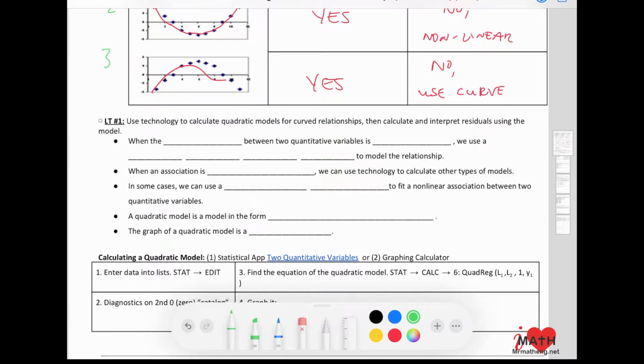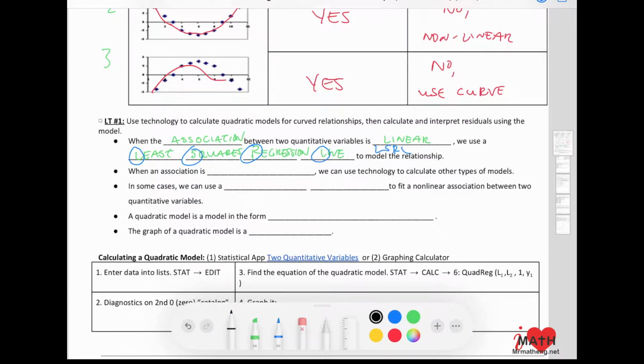When the association between the 2 variables is linear, back then we used a least squares regression line, LSRLs, to model that relationship.